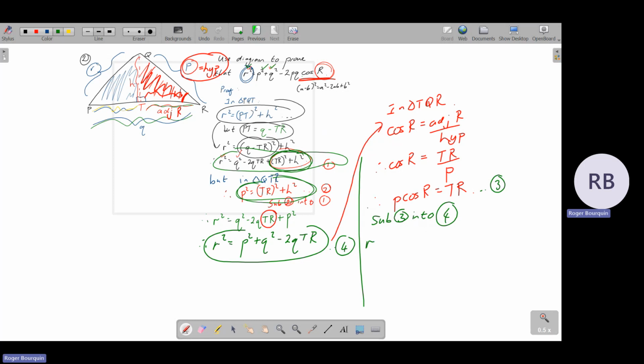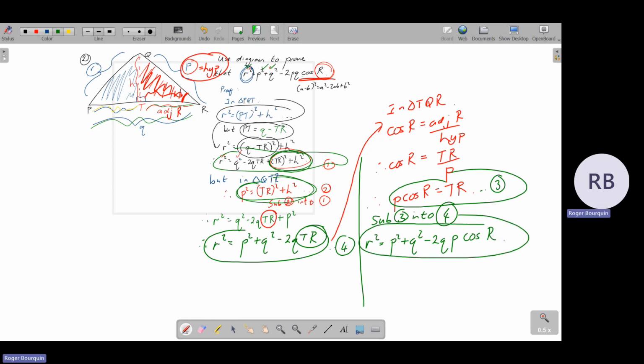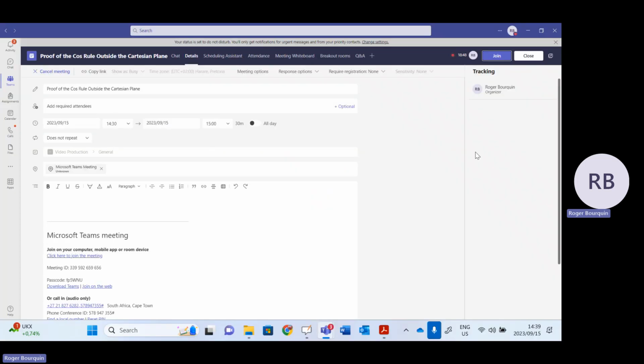So into 4, I've got R squared is P squared plus Q squared minus 2Q, and I replace TR over here with P cos R. So R squared is P squared plus Q squared minus 2QP, or 2PQ cos R. So that is the proof of the cosine rule, and that's all three proofs done. Thank you, Matrix.